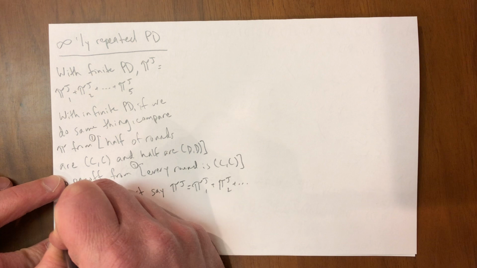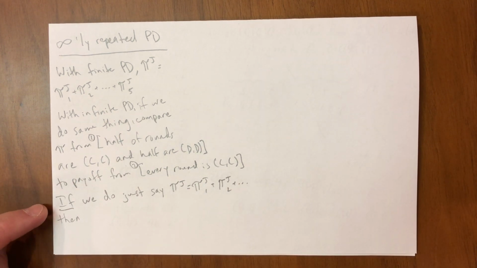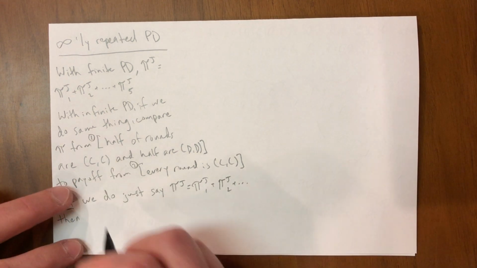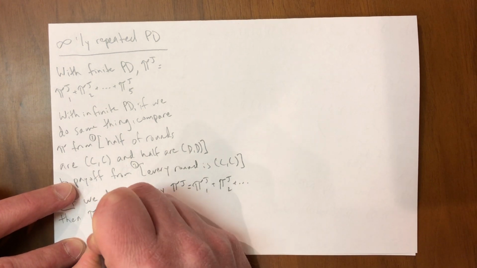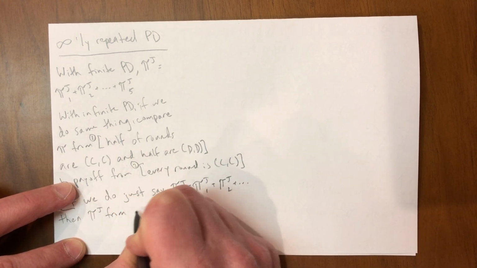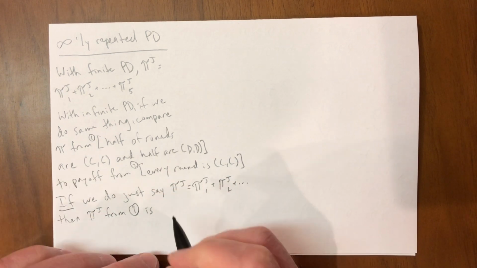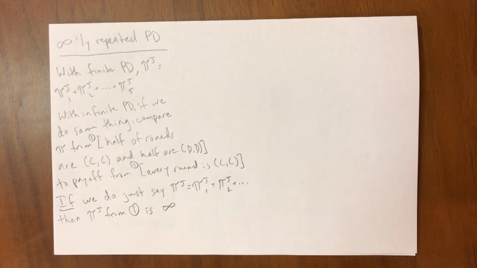So if we do this thing that's going to turn out to not be a good idea, if we just add up the scores, then pi sub j from 1 is infinity, right? Because we're going to add up 0 plus 1 plus 0 plus 1 plus 0 plus 1, and keep going forever, and that's infinity. Any number you pick, say 1 billion, we're going to end up with a score higher than 1 billion, because it'll just take 2 billion rounds.